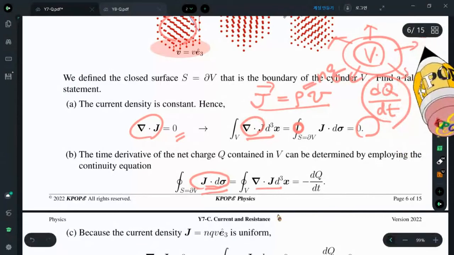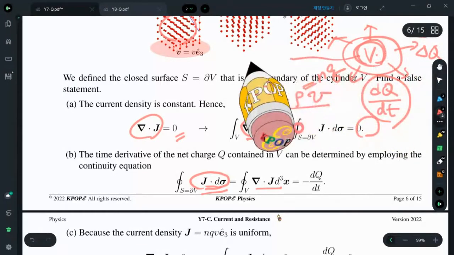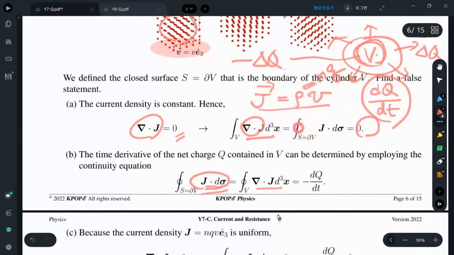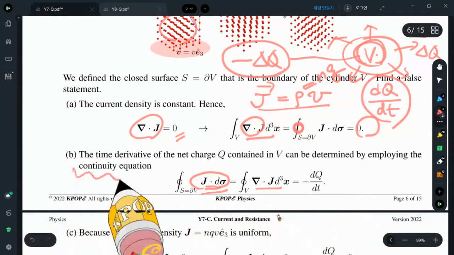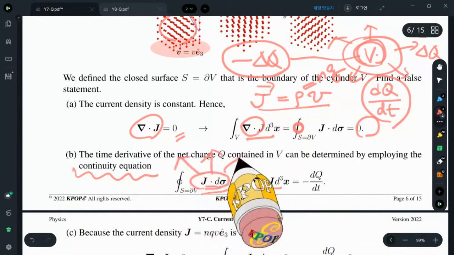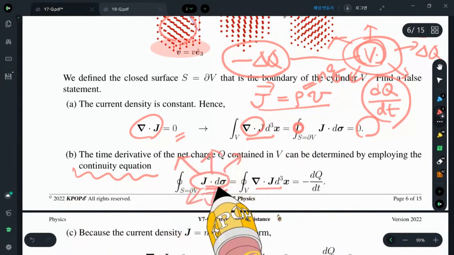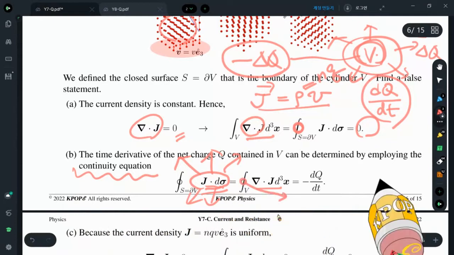Once delta Q is emitted from this volume, it has lost the charge by minus delta Q. Therefore, continuity equation states that if the charge flow comes out of a volume, oh, this is not circle.